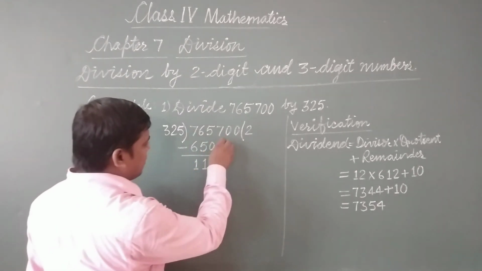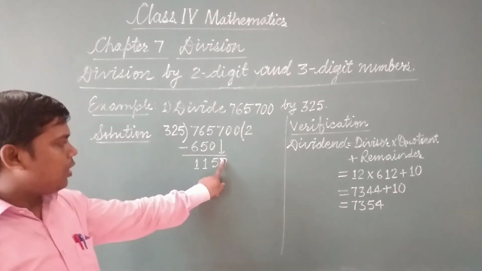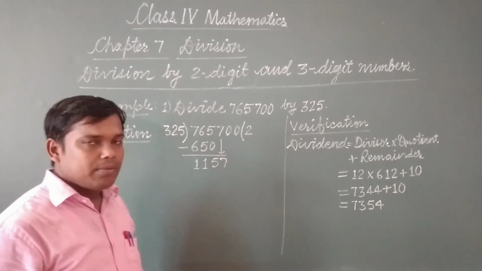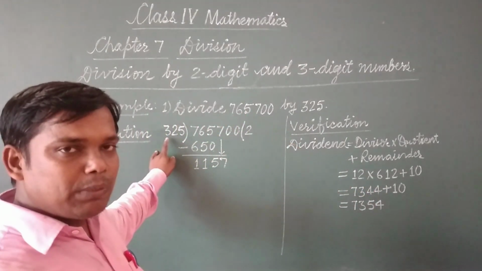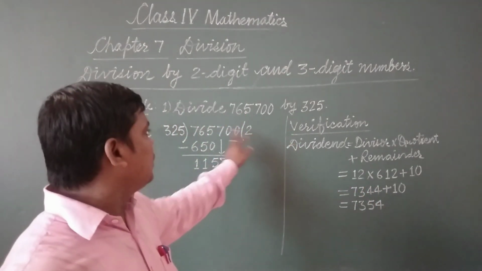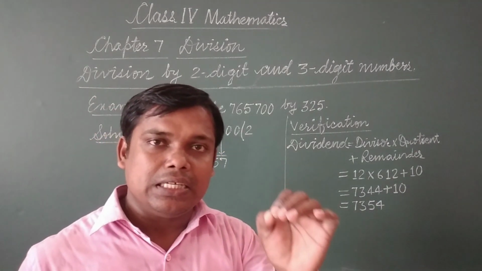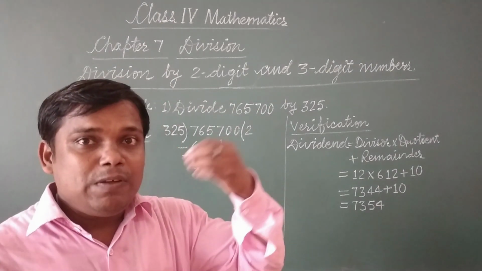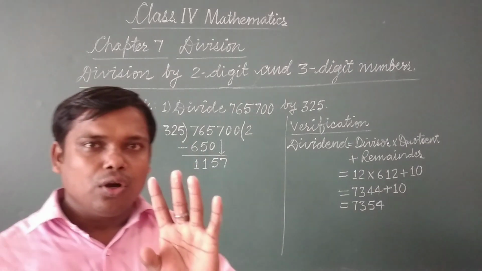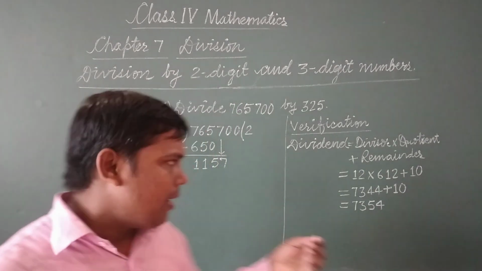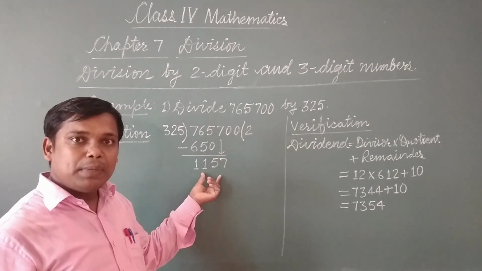Now 7 will come down from here. Now we have the number 1157. Again we write the multiplication table for 325. If you multiply by 3, you will get 975, and if you multiply by 4, you see, even 300 times 4 gives 1200, but here we have 1157.